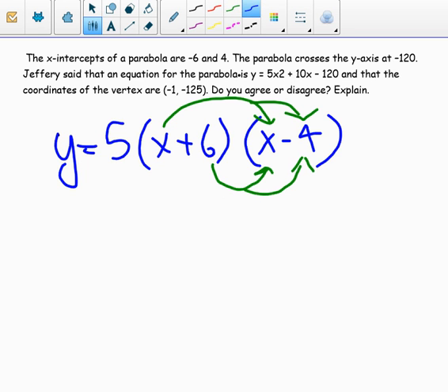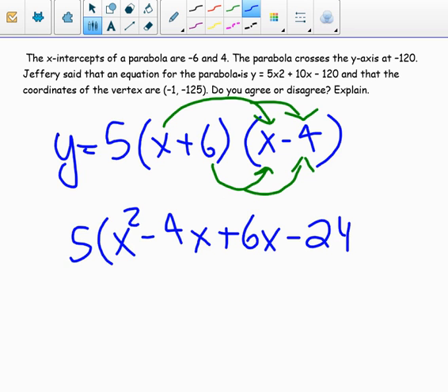So our equation becomes y equals 5(x squared minus 4x plus 6x minus 24). Now we will collect like terms: -4x plus 6x equals +2x.